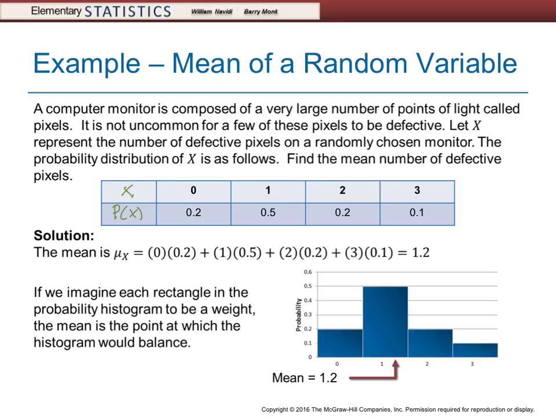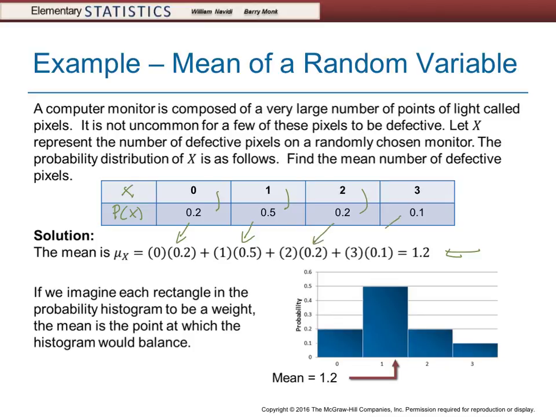So now we calculate the mean the following way. We multiply x times its probability. We multiply these two together, that gives us the first term. We multiply these two together, that gives us the second term. We multiply these two together, that gives us the third term.